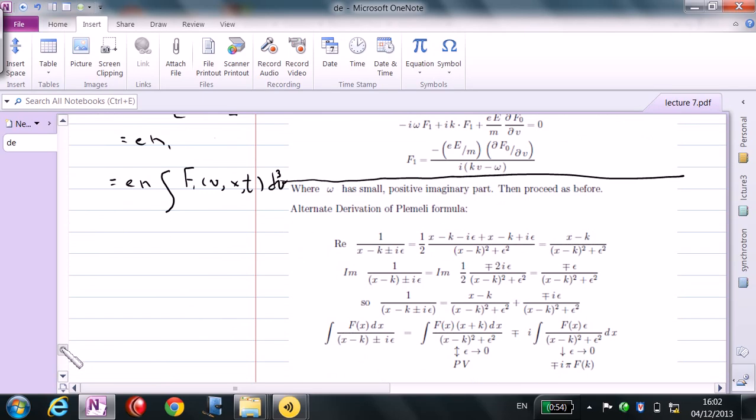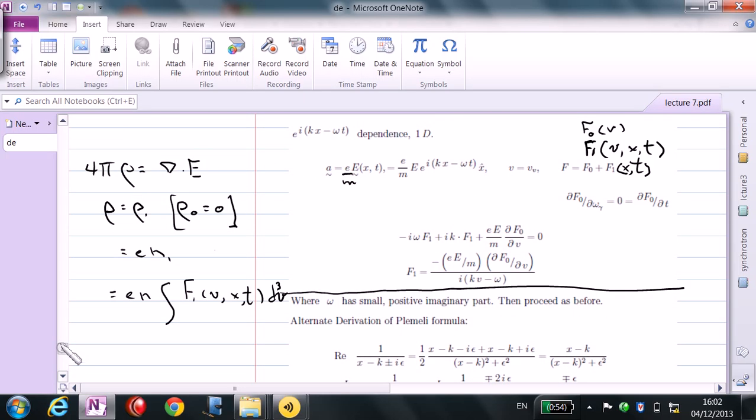Okay, now let's make n1 explicitly a function of x and t. Well, and v of course. But no, n is not a function of v. And rho is just a function of x and t.